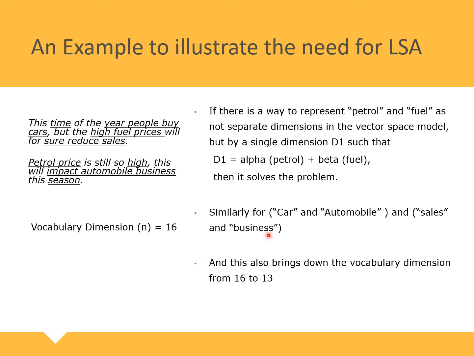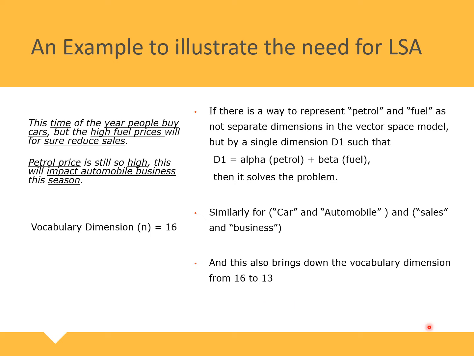Now, apart from solving this problem, it also solves another problem. Right through NLP problems, we have seen that dimensionality is a big issue, right? Because the number of unique words that we see in any given data that we handle will typically be very large, compared to the number of features that we generally handle in machine learning problems when we are dealing with non-textual data.